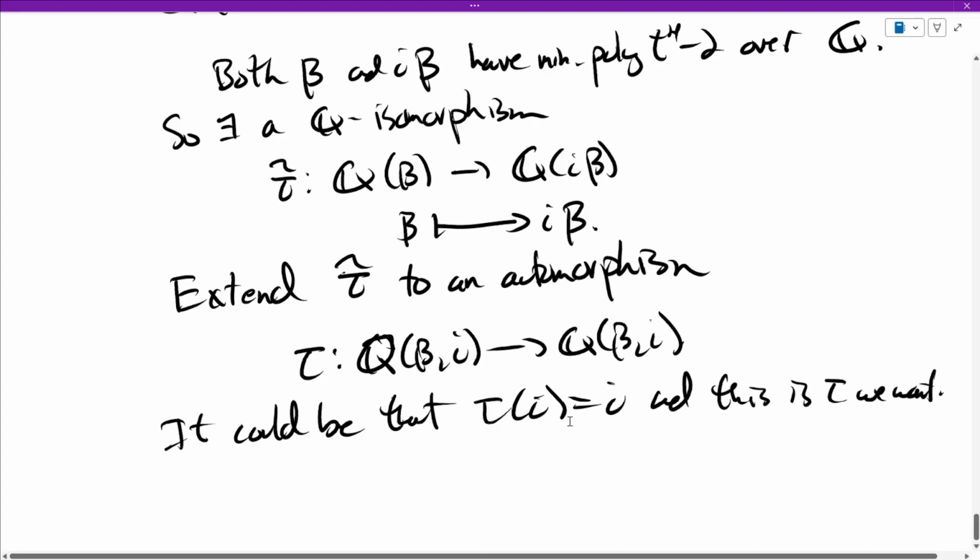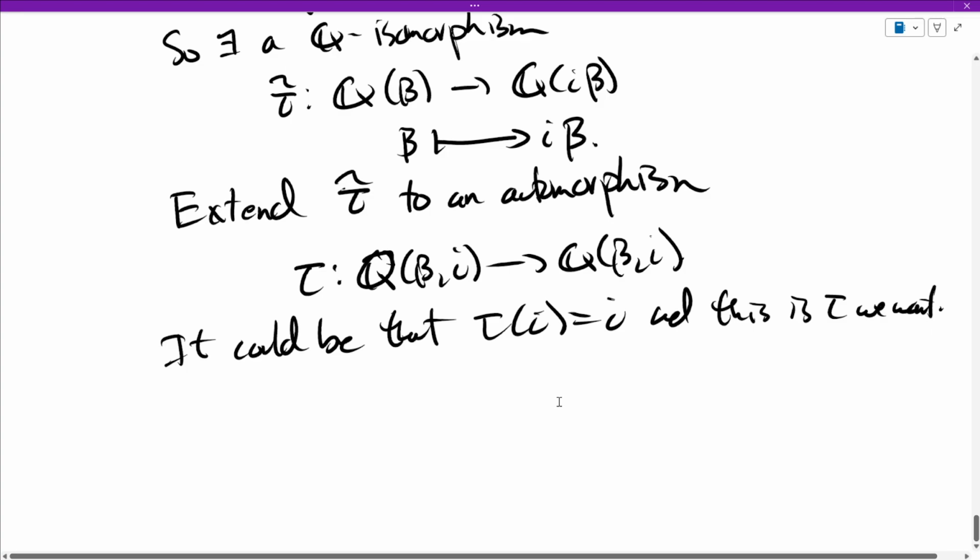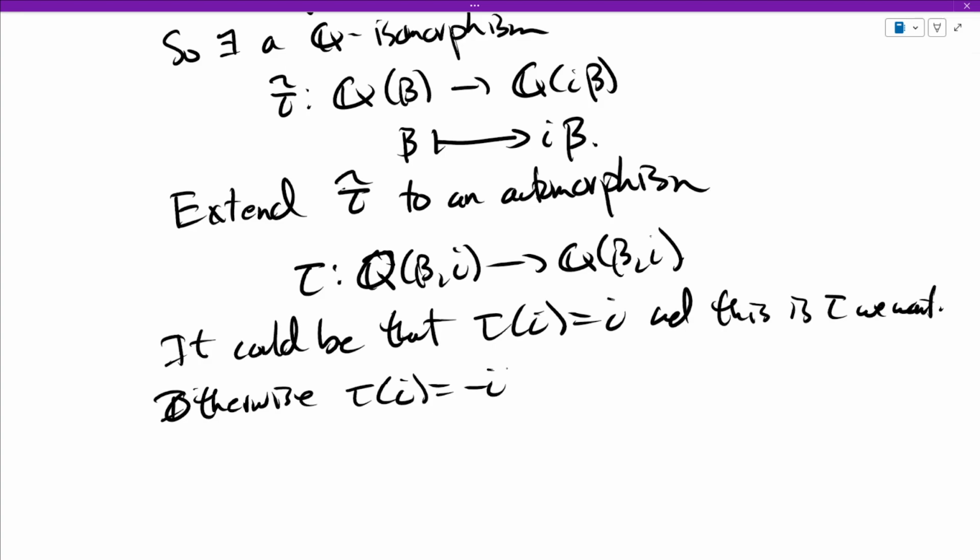Okay, so that could be the case, but it might not be. It could be tau sends i somewhere else. Now, where could it possibly send i? Well, every automorphism has to preserve the algebraic properties of the number. So i must go to some square root of negative 1. So what's the other possibility? Well, otherwise tau of i is negative i. That's the only other square root of negative 1.